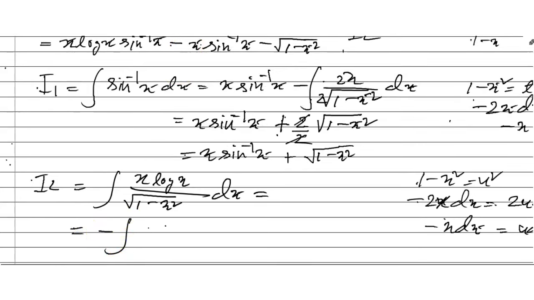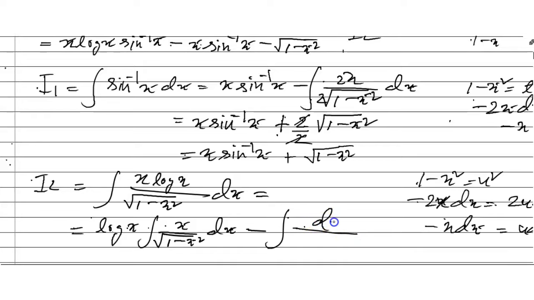So I want to do IBP. Log x is the first term. The second term is x into root over 1 minus x square dx, and minus log x, differentiating of log x.